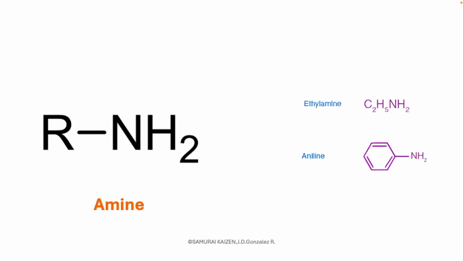Next one is amine. I know it's kind of weird that it has this pronunciation. You would expect something different, but you can check through the internet and many different references and dictionaries, and the right pronunciation is amine. You can see it in examples such as ethylamine and aniline.